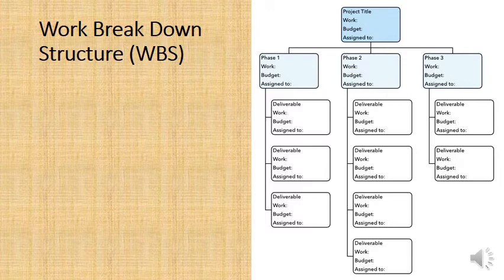So good organized people do a work breakdown structure almost intrinsically without even writing it down, and they're able to achieve a lot more work. They don't waste nearly as much time at the start of every day wondering what I should do.